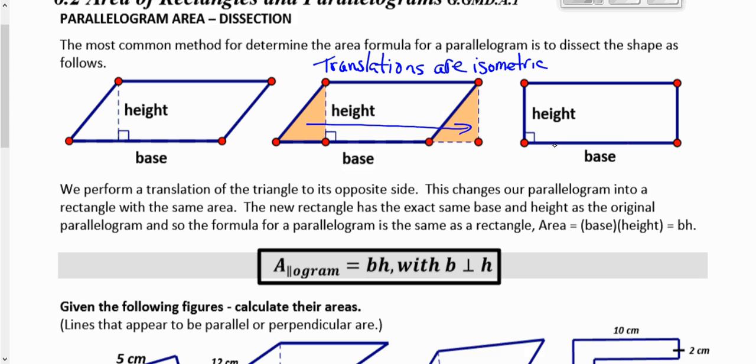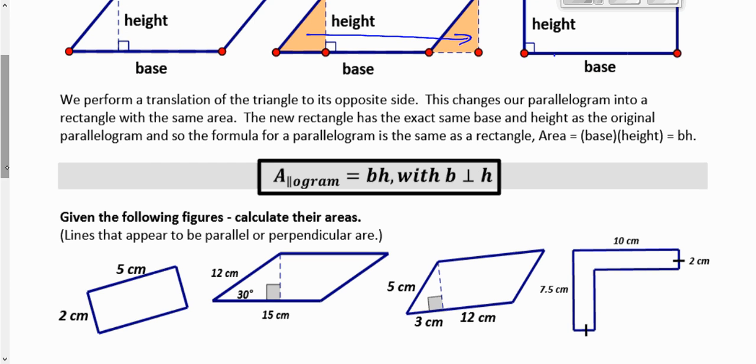Okay, so that gives us a rectangle, and now base and height are perpendicular. Think of it as doing a transformation on one end of it there, okay? So just like a rectangle, the area of a parallelogram is still base times height, but we need to make sure, because if it's not a rectangle, there's nothing necessarily perpendicular, that we have base and height perpendicular. It's got to be, okay?